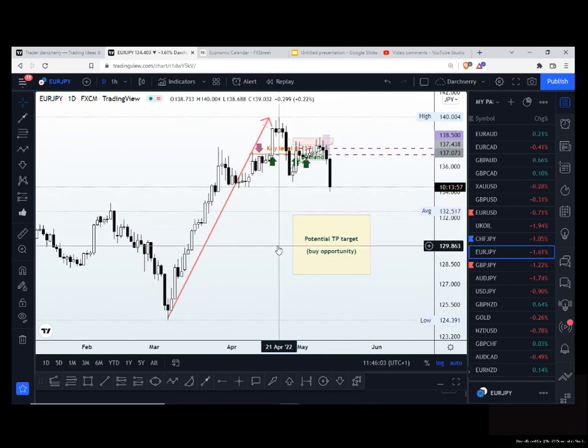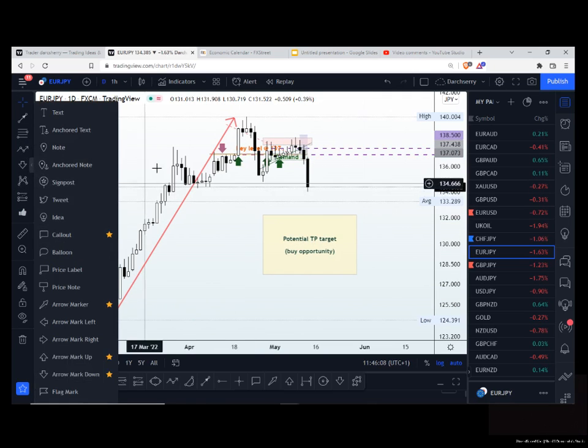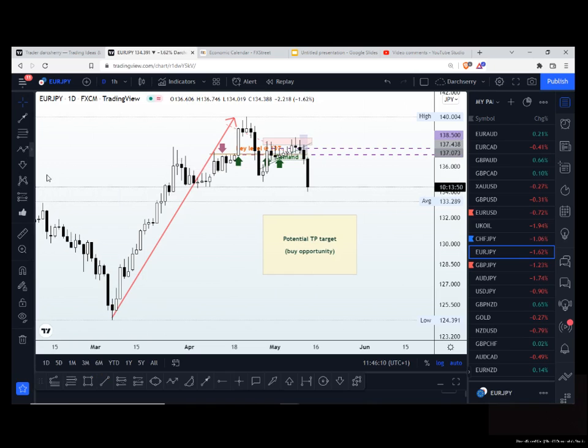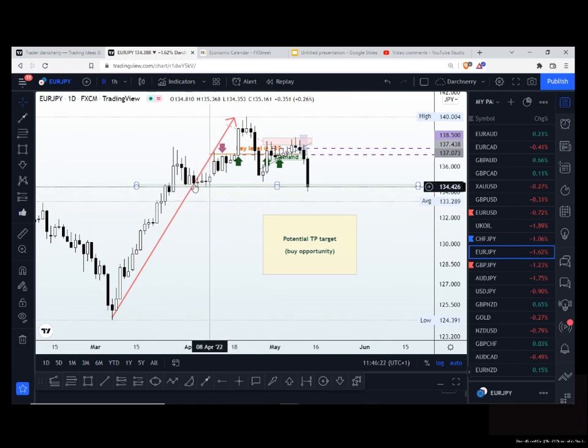If you are still not in a bearish trend, personally I'm not taking this trend because it doesn't support my view. If you are not yet in this trade, this is an area where you can be looking forward to taking advantage, because we have structures lining around this place, and this place could be the new key level, and that's around the 134.500 area.